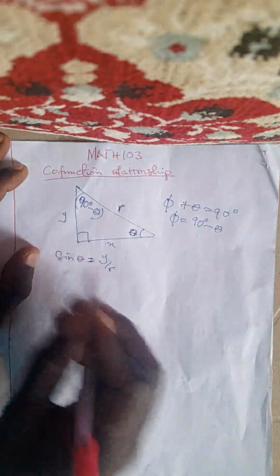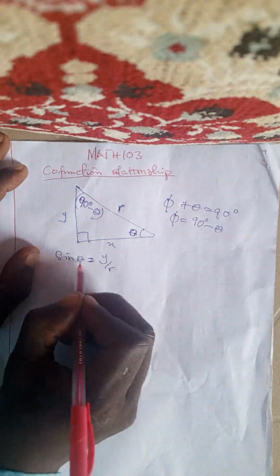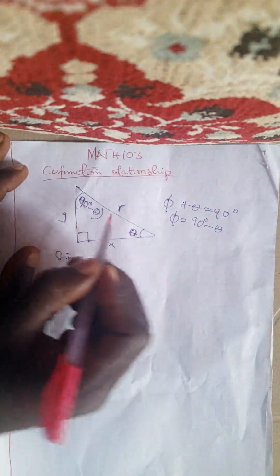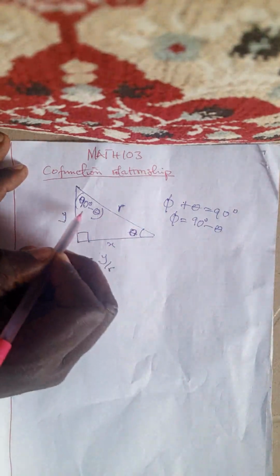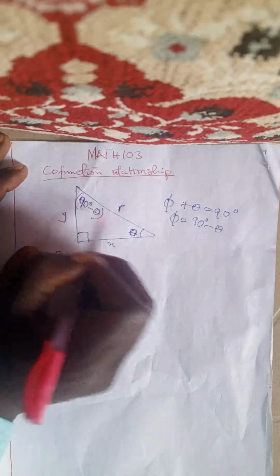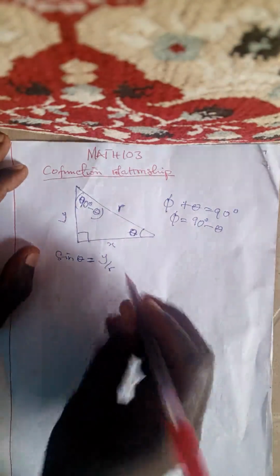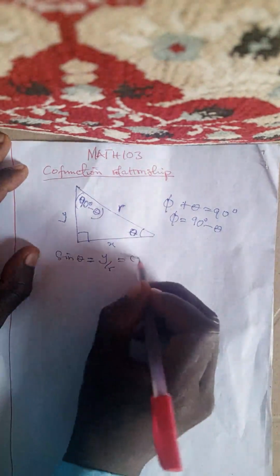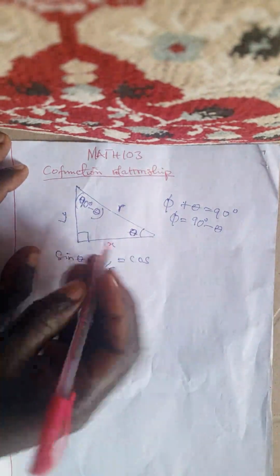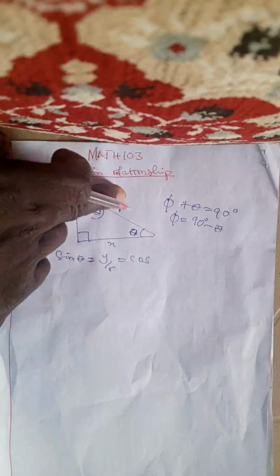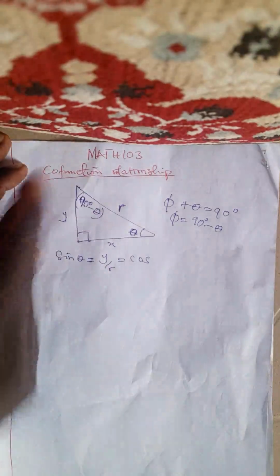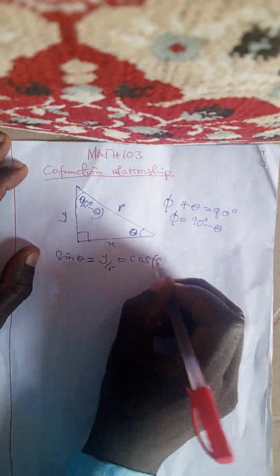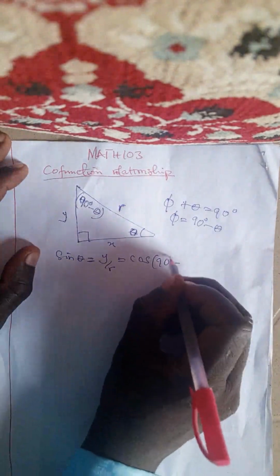And now in relation to sine theta, what is this ratio in terms of 90 minus theta? So this is equal to cosine, adjacent over hypotenuse, which is y over r. But this is equal to cos of 90 minus theta.